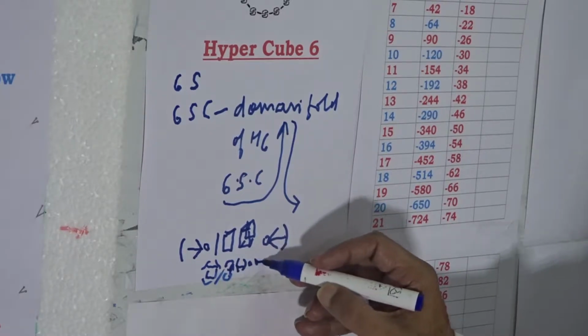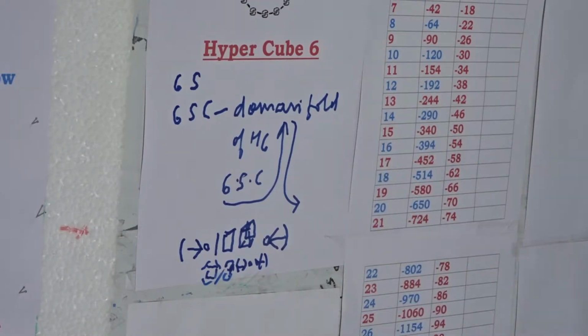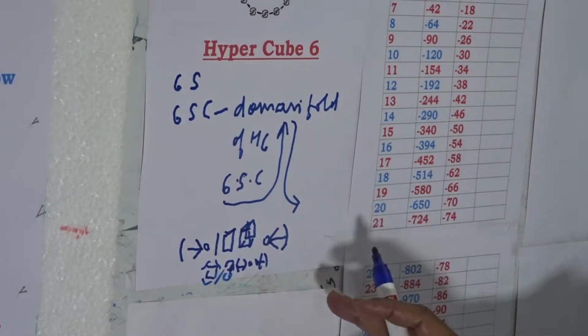All bodies are available and will manifest within 6 Space domain.